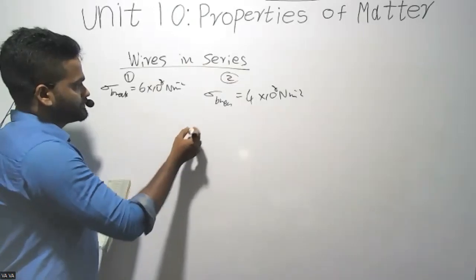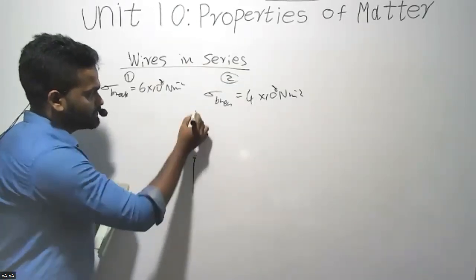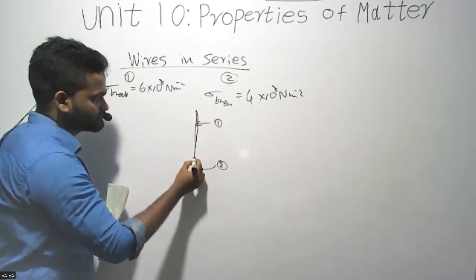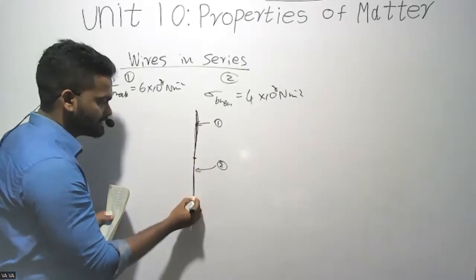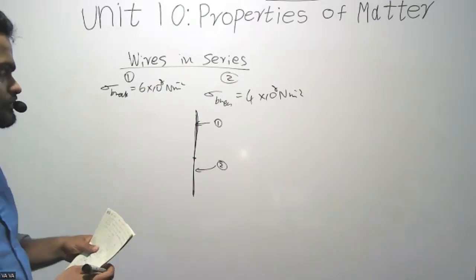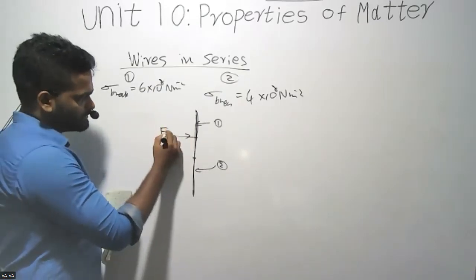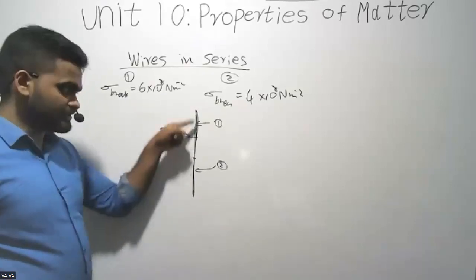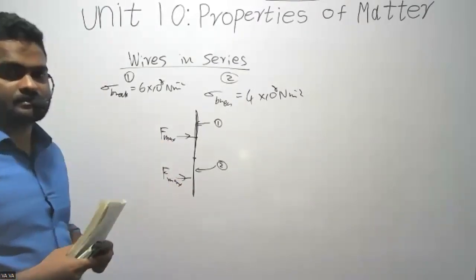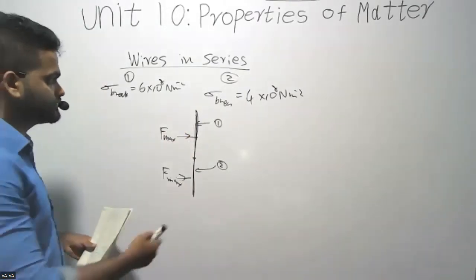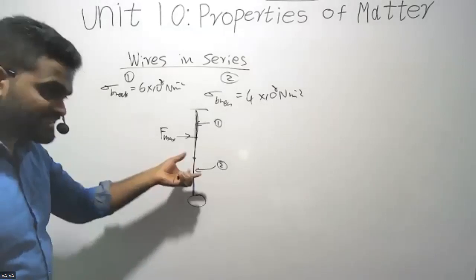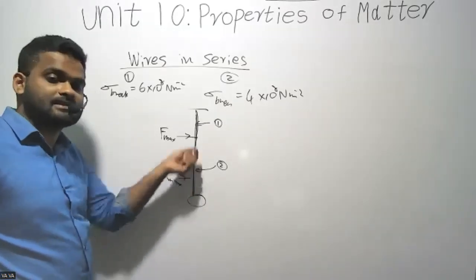So let's say this is wire 1 and another wire 2. I'm going to find F max for this wire and F max for this wire. Then you can decide what's the maximum stress that this compound wire can withstand.